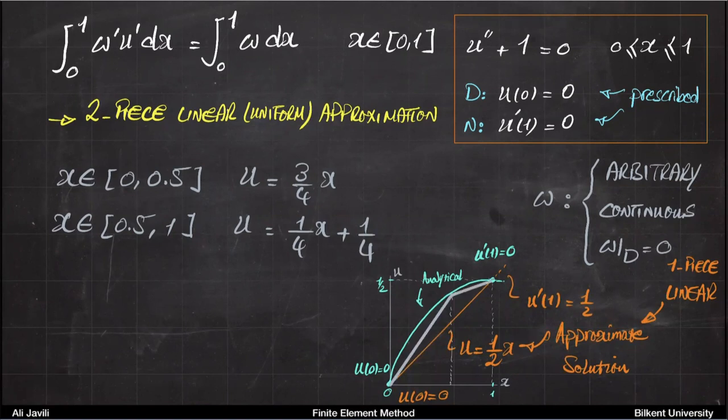All right. Now, if you look at these points, you can see a similar story as before. Let me clarify that this is the first line, 3/4x, and this is the second line, 1/4x plus 1/4. First, the Dirichlet condition is satisfied strongly.